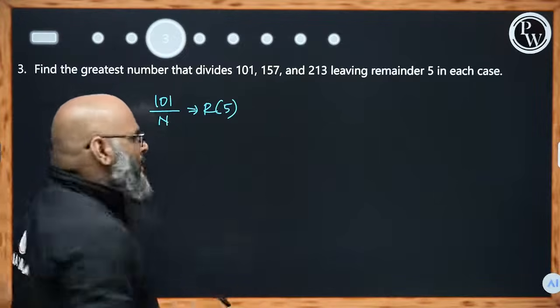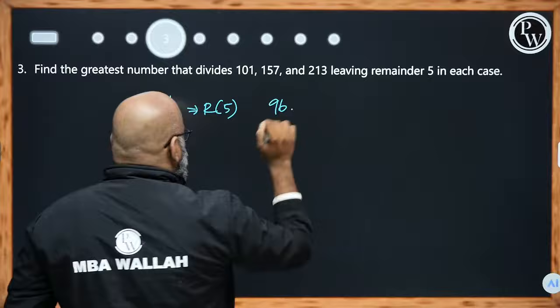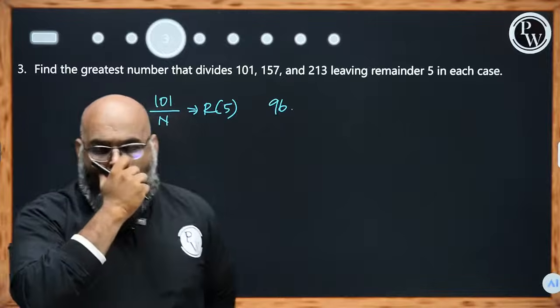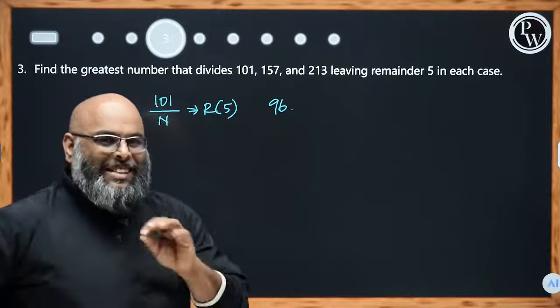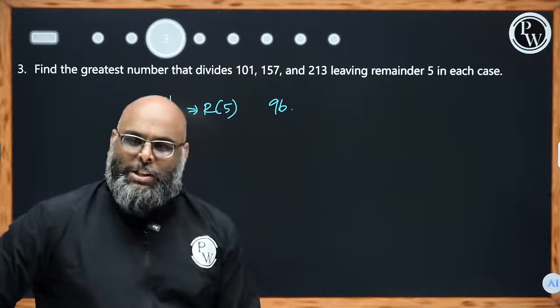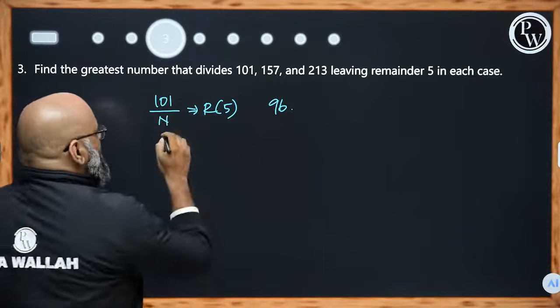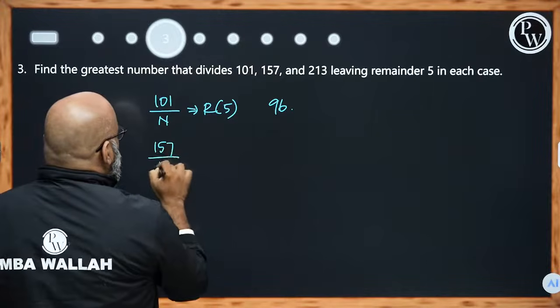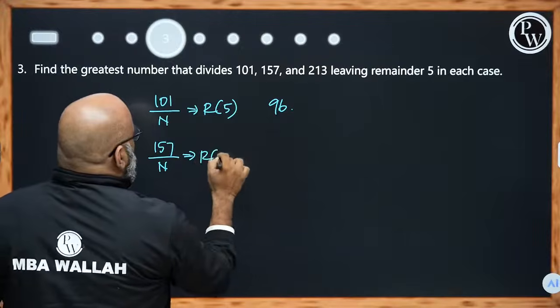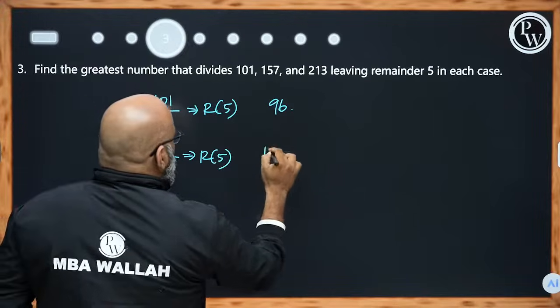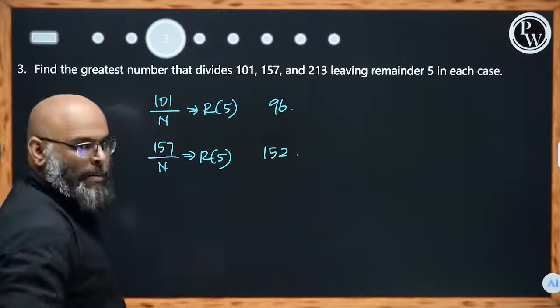Or I can say 96 is perfectly divisible, right? I'll read it as 96 is absolutely divisible by this number. Similarly, if I say 157 divided by n, the remainder is 5 again, or I can say 152 is perfectly divisible.